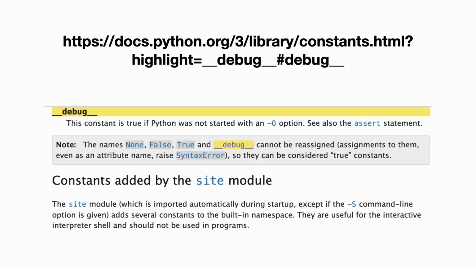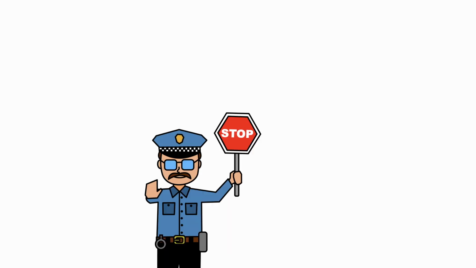Asserts are disabled in release mode. Once a program is deployed, your assert might not be active anymore. To learn about debug and release mode, I recommend to read the documentation, and I'll put a link to it in the description. For this tutorial, it is enough to know that asserts are for finding bugs during development.